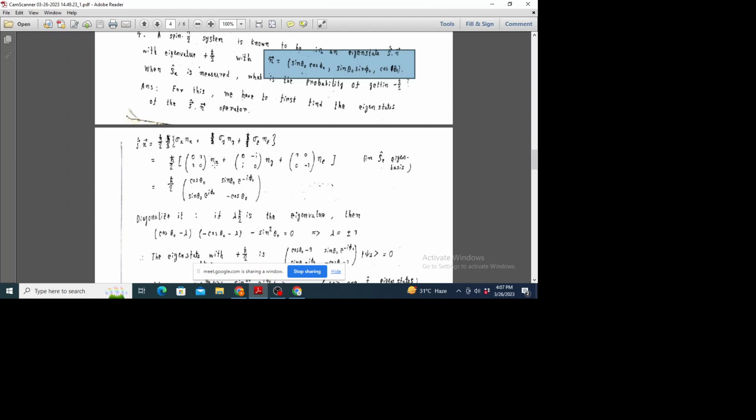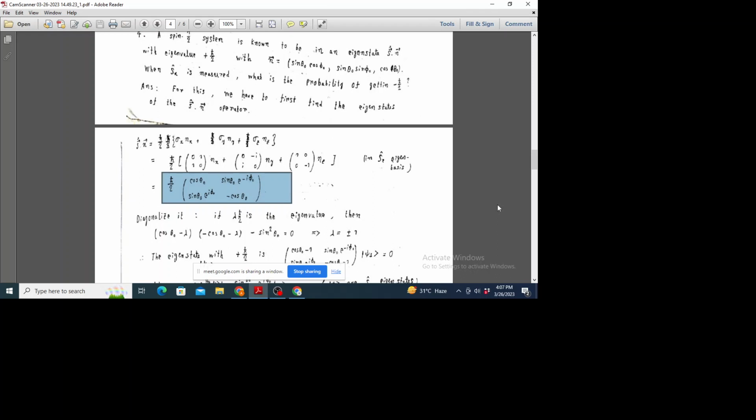So just put the values of nx, ny and nz, add these three matrices, and you will get the matrix representation of the S dot n operator in the Sz eigenbasis as this.